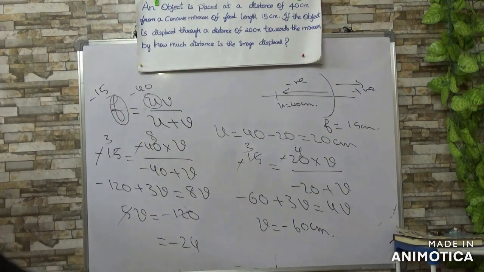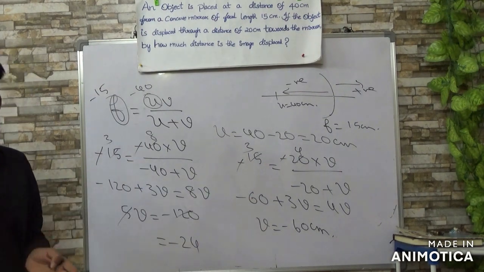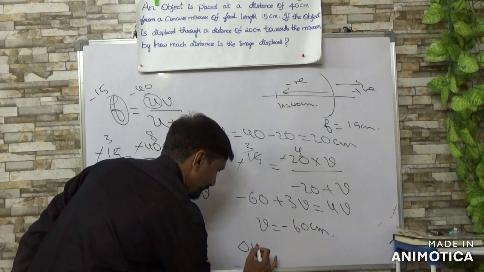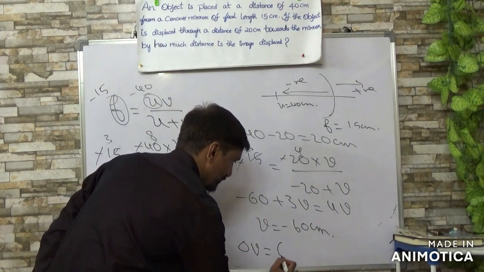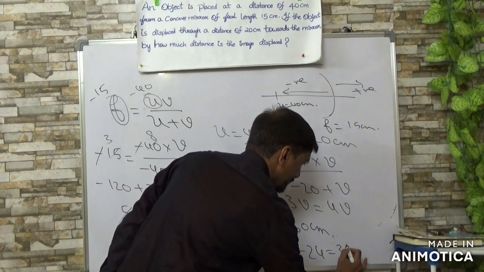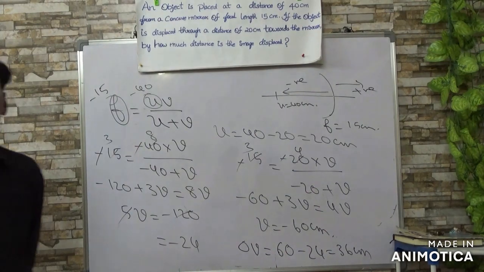That means earlier the image formed at 24, now at 60. So what is the difference between these two? The difference in image distance, 60 minus 24, is 36 centimeters away from the mirror.